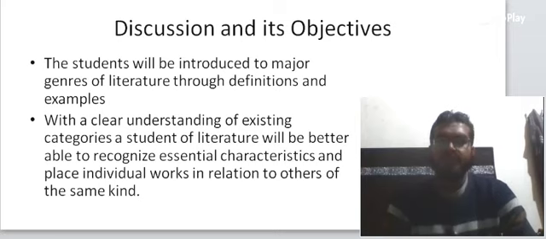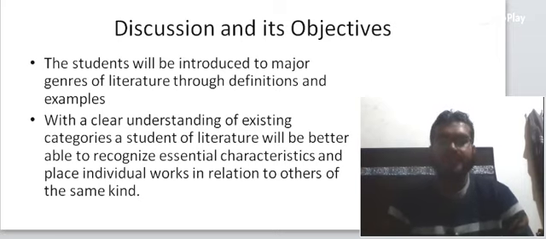The objective of today's lesson is that with a clear understanding of existing categories of literature, students will be able to recognize essential characteristics of these different types and then afterwards place individual works in relation to others of the same kind.